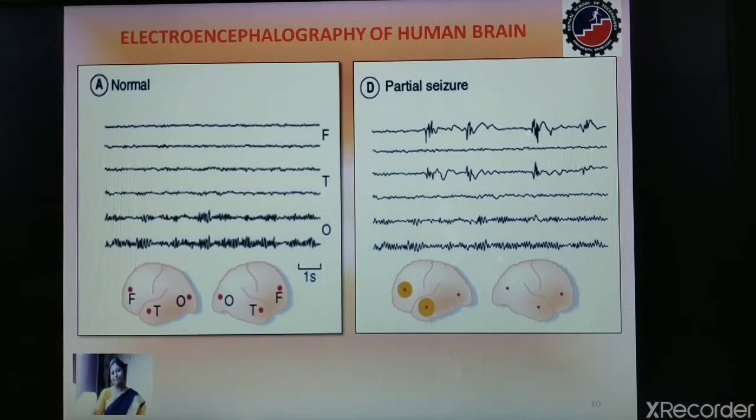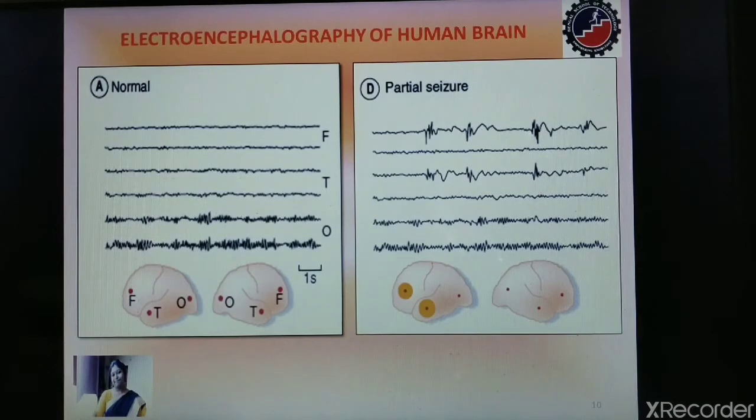In case of partial seizures in the electroencephalogram, we can see the abnormal discharges occurring in the left frontal and temporal regions. Here we can see only the frontal and the temporal region of the left hemisphere has been attacked and not the right hemisphere.